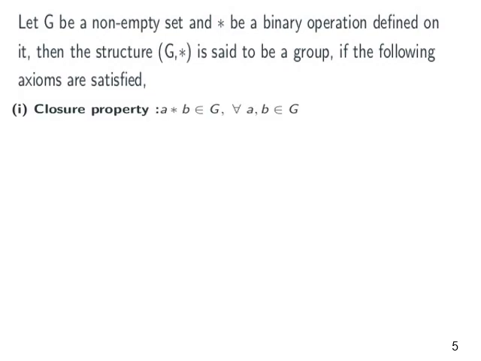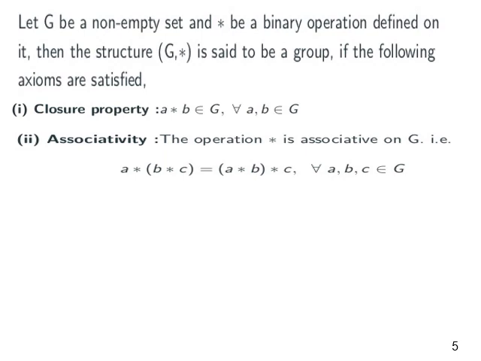Closure property: A star B, or the composition of A and B, belongs to G for all A and B belonging to the set G.